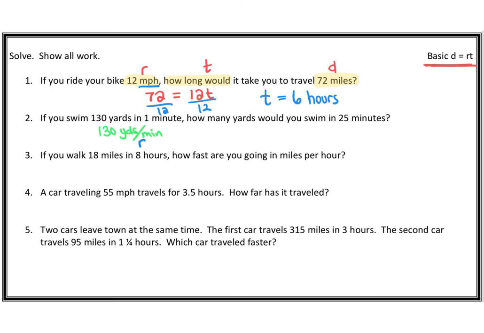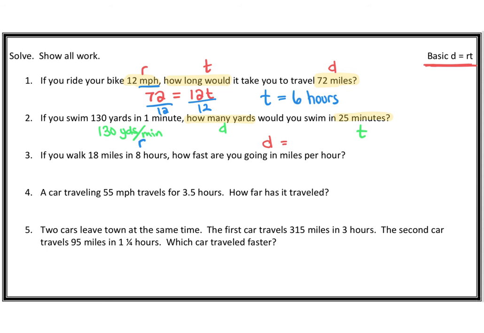The next one they said was 25 minutes. What did they give us there? Distance, rate, or time? Time. And then the question they're actually asking, how many yards? Distance, rate, or time? Distance. So we're going to set this up.